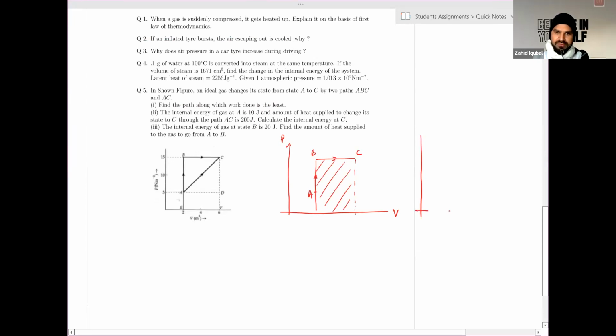But in case of directly A to C, the total area inscribed will be just this much. Is it clear? Yes, sir.